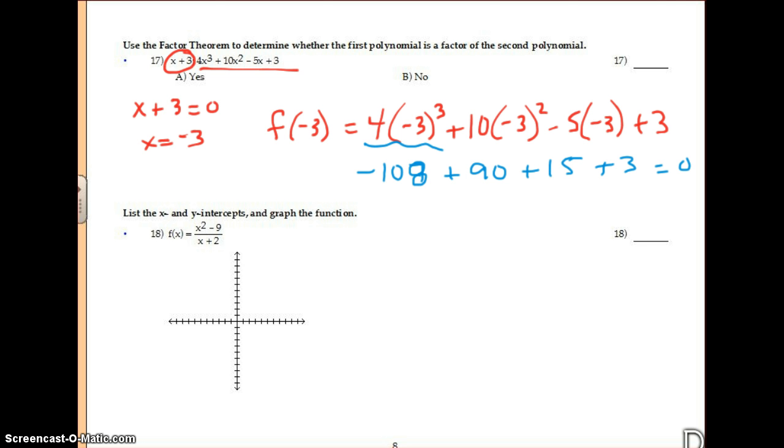Because it equals 0, then yes, it is a factor of the polynomial. If it was something else, then it would not be a factor, but the result would be the remainder.